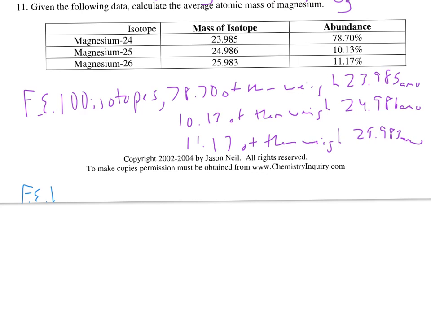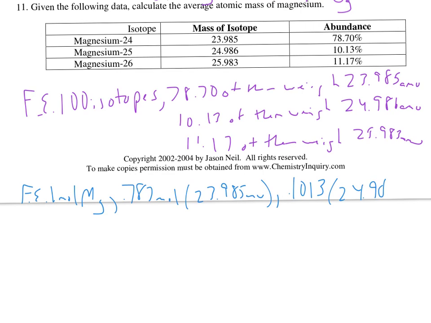So, now, again, we're changing this for every statement into, now we're saying for every 1 mole of this magnesium, 0.787 moles are 23.985 AMUs. 0.1013 are 24.986 AMUs. And 0.1117 are 25.983 AMUs.